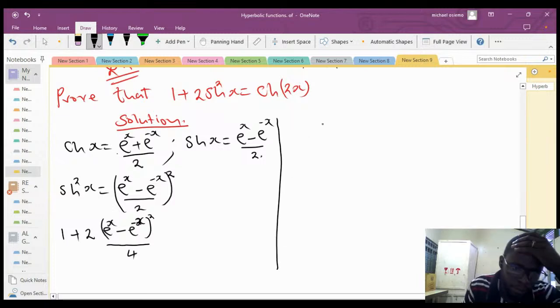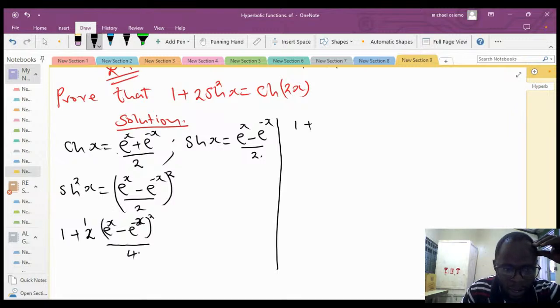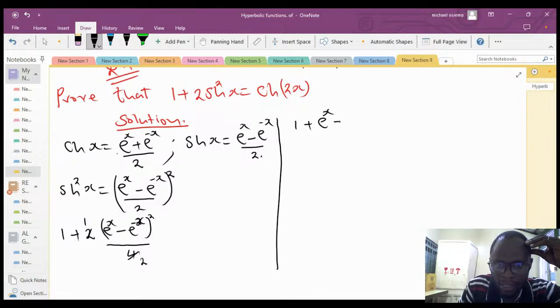Then from there we have 1 plus, you can simplify 2 by 2, so we have 1 plus exponential x minus exponential negative x squared over 2.